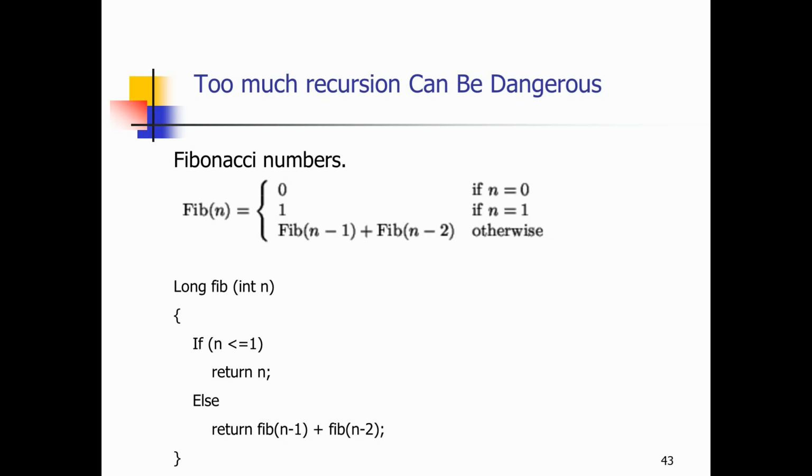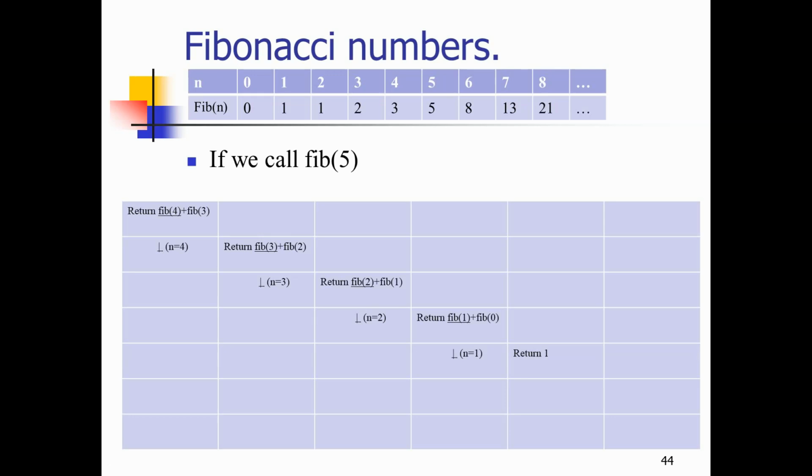So first of all, try to understand that this is actually going to give us the right Fibonacci values. The only catch is this. If we try to trace the code and understand it, you will actually see some problems happen here. So let's take a look at this. Say we call Fibonacci of 5.